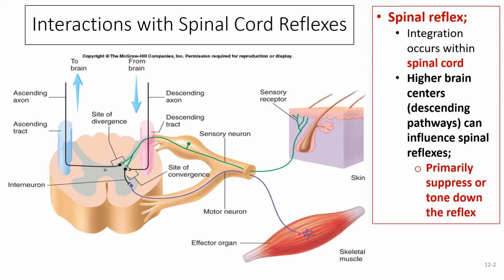As an example, if this was a deep tendon reflex that we'll look at in a little more detail shortly, the sensory receptor here would be the muscle spindle, which is the receptor for the deep tendon reflex.